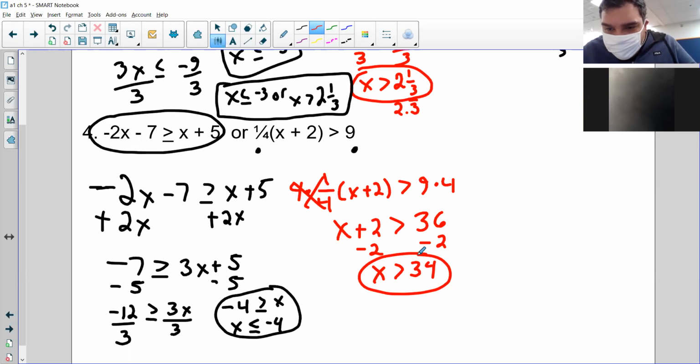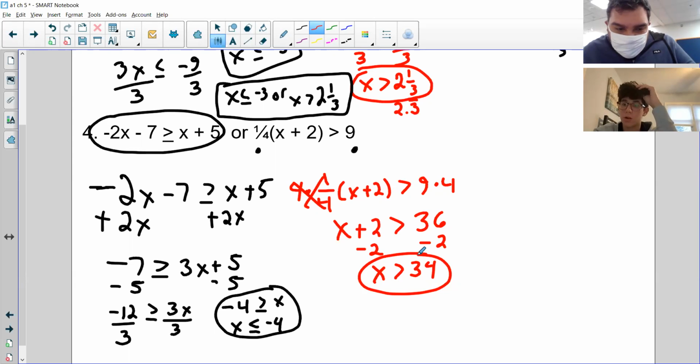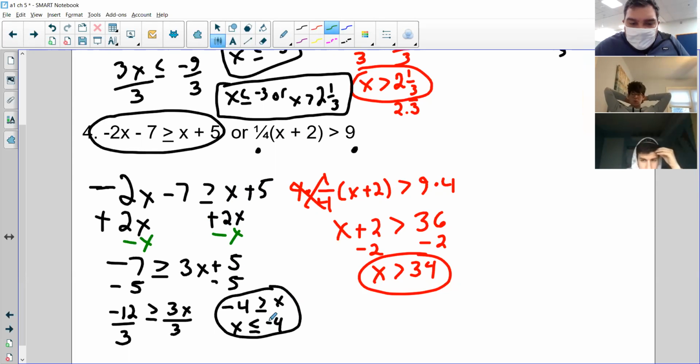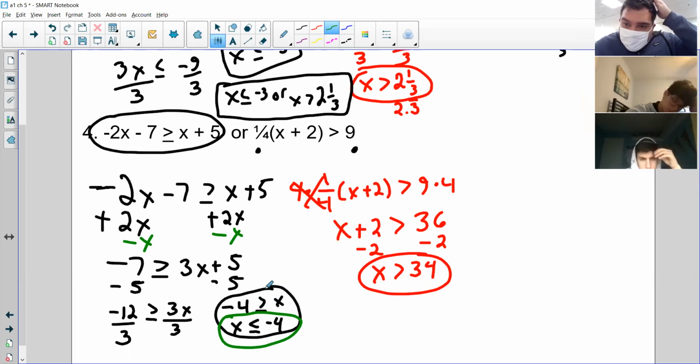Why do we flip the sign on the -4? Because aren't we dividing by a positive? It depends on which way you move the x, because some people might have done minus x, so you might have resulted in this part. I just wrote both to show either one's correct. It doesn't matter which one.